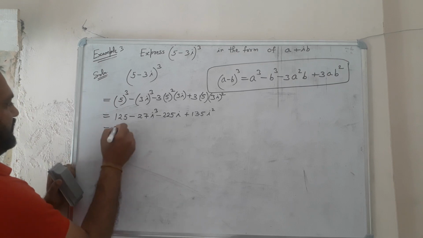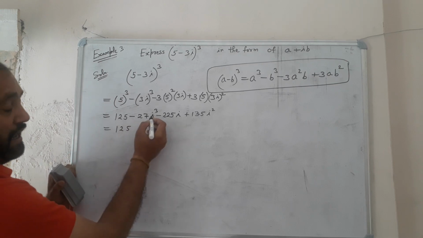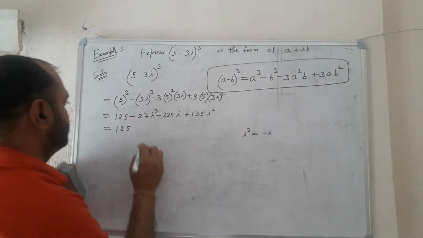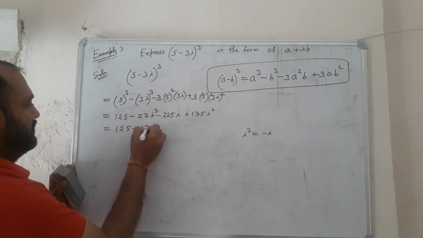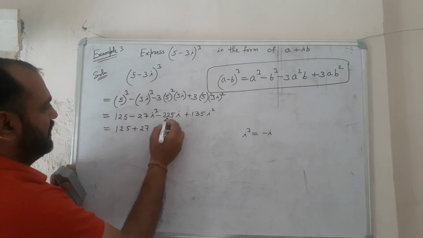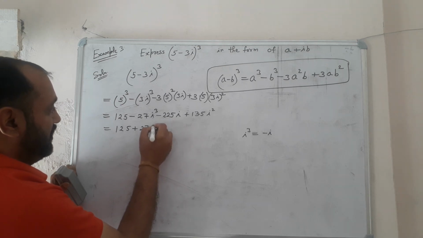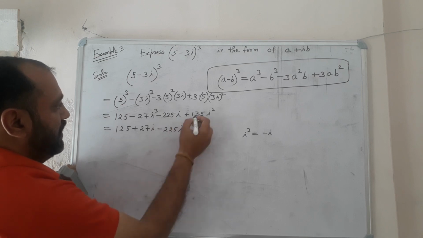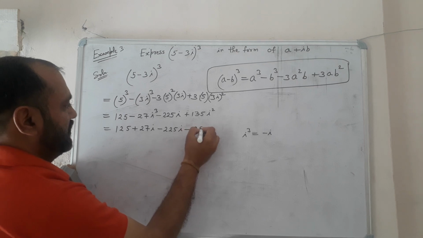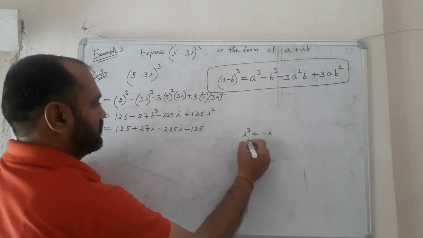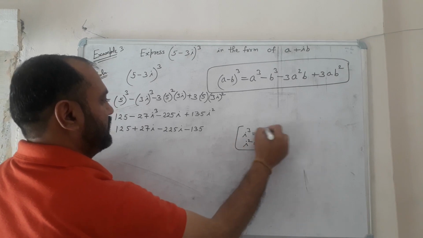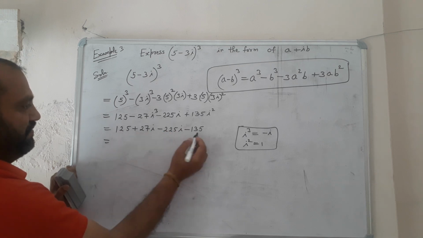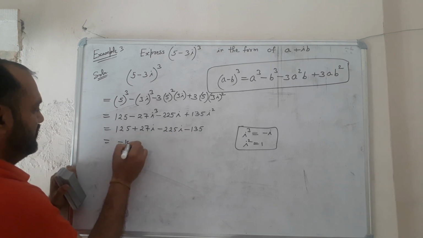Now when you simplify it, we get 125. This iota cube, as you know, the value of iota cube is minus iota. So this becomes plus 27 iota. This becomes minus 225 iota, and this becomes minus 135, because iota square is equal to minus 1, right? So when you simplify this, 125 minus 135, that is minus 10.